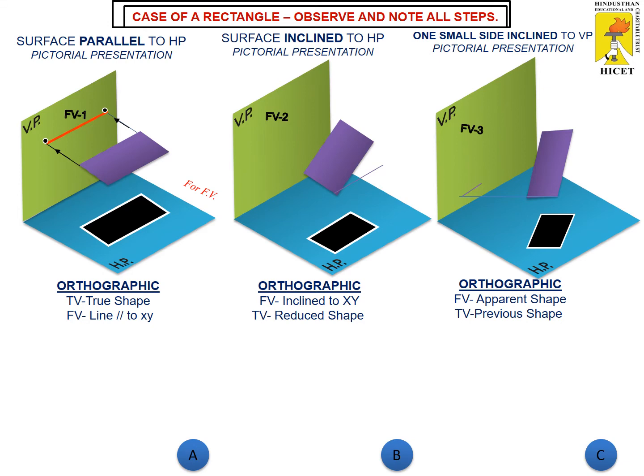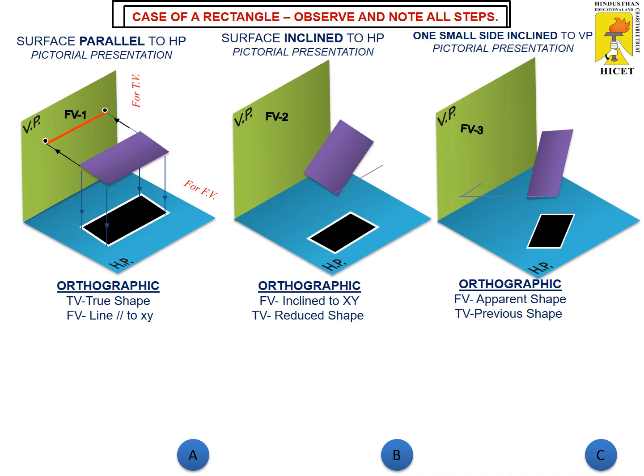See the red color line, you can see only a single line, you can't see the complete rectangular plate since it is parallel to HP. When you see from the top view, you can see a complete rectangular object, the rectangular plane. That is what has been shown.